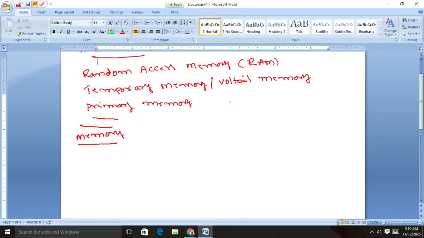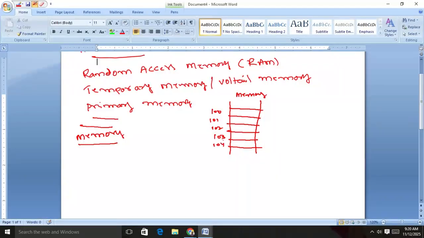The primary memory is in the form of locations, right? This is not like a shell structure. Each and every location has a specific number to identify it. For example, this is 100, this is 101, this is 102, 103, and 104. So this is known as a location.